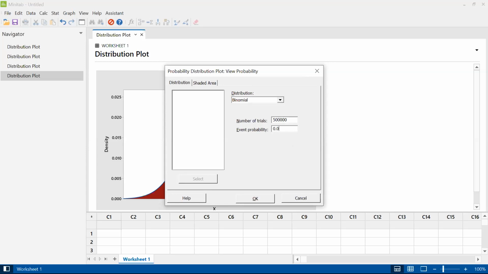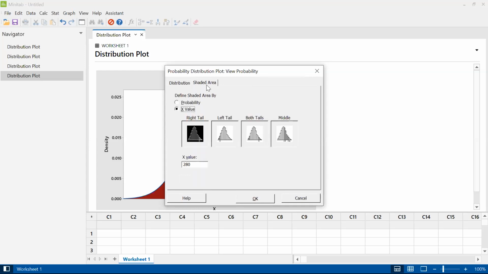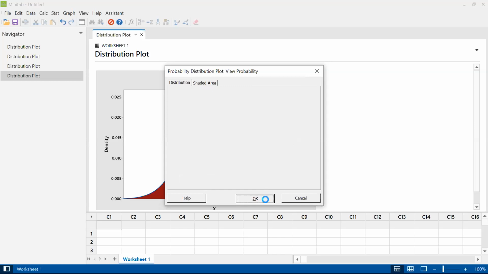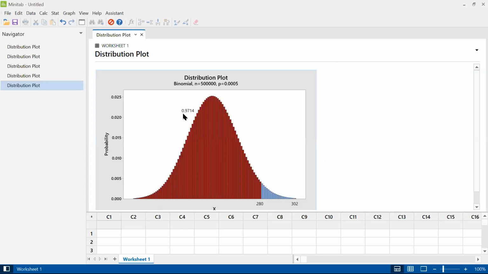The event probability is 0.0005. X value 280. We're doing a left tail. Let's see what the binomial version gives us. This gave us 0.9714. Remember, we got 0.9711. This is 0.9714. Very close.